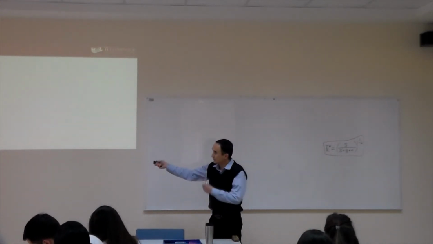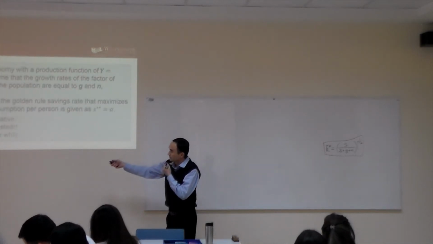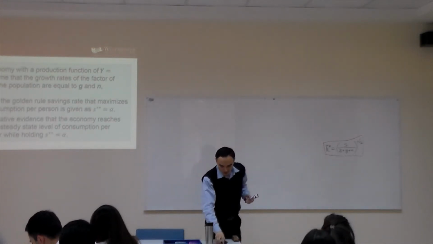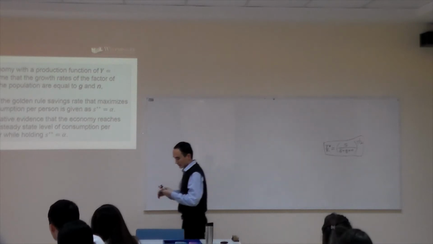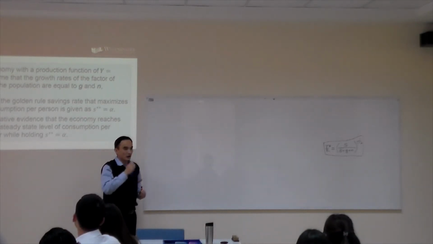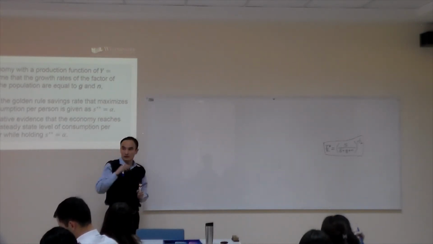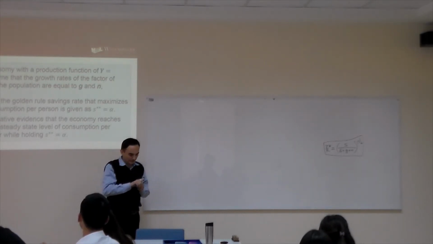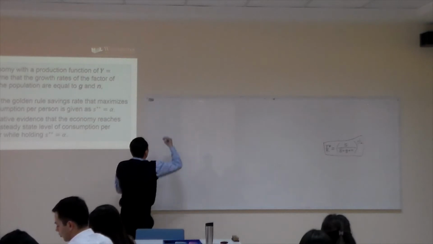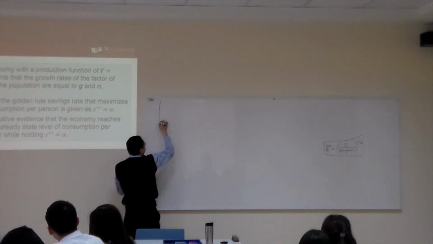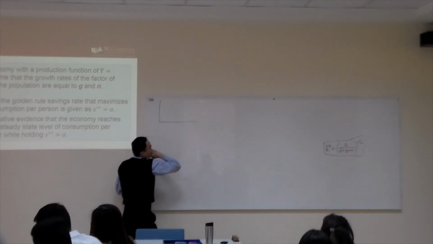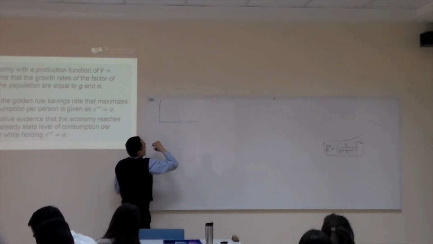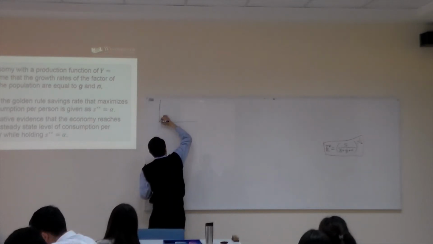Exercise 2. So at the end of the lecture, we talked about the golden level of consumption, right? Which means that if we draw the graph, there is a production function, yes?